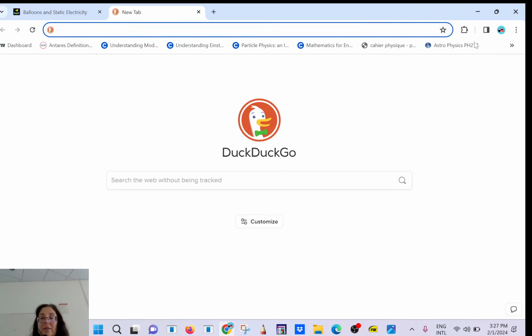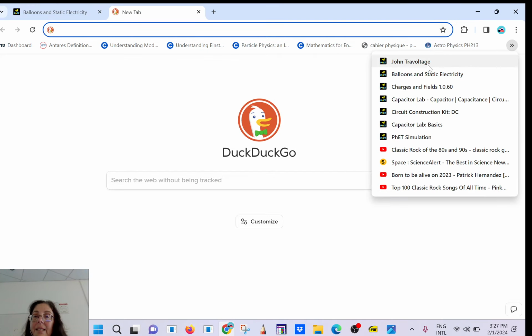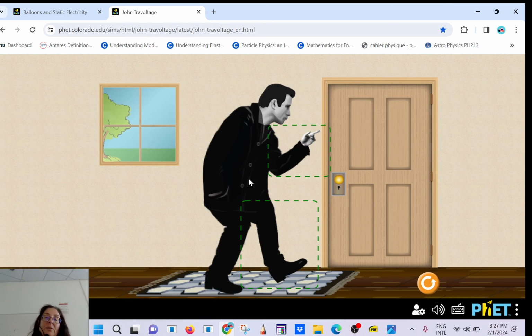So where is Travolta? You see, he's a conductor. So if he rubs his shoes against the carpet, what's going to happen? Electrons. Very good. So there will be a transfer of electrons. Okay. So in that case, it will be from the carpet to the shoes.